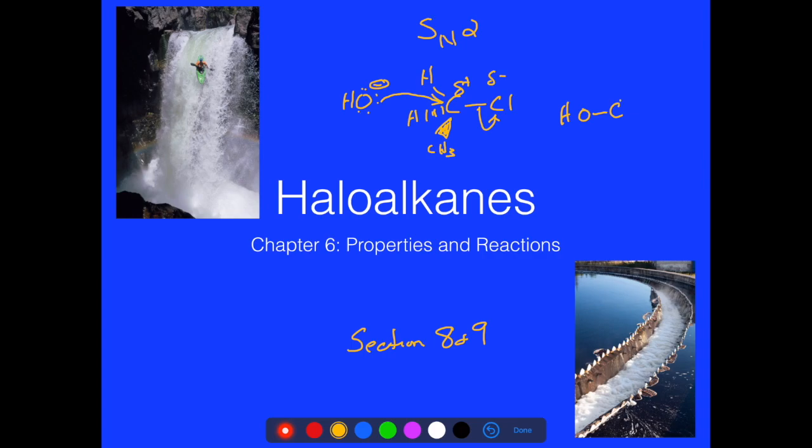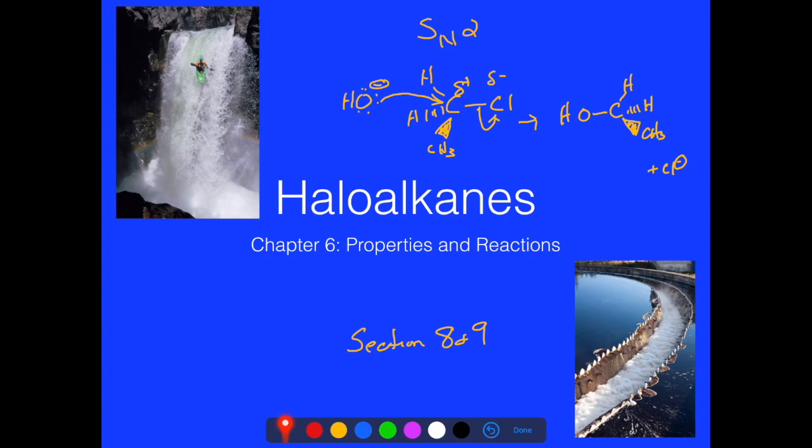Remember, we also get what's called inversion of configuration. That is, this guy flips around, and we get something like that, plus the Cl that's over here off to the side. So this goes through inversion of configuration. We might also say this is a concerted reaction, in the sense that this arrow comes in and this leaves at the same time.